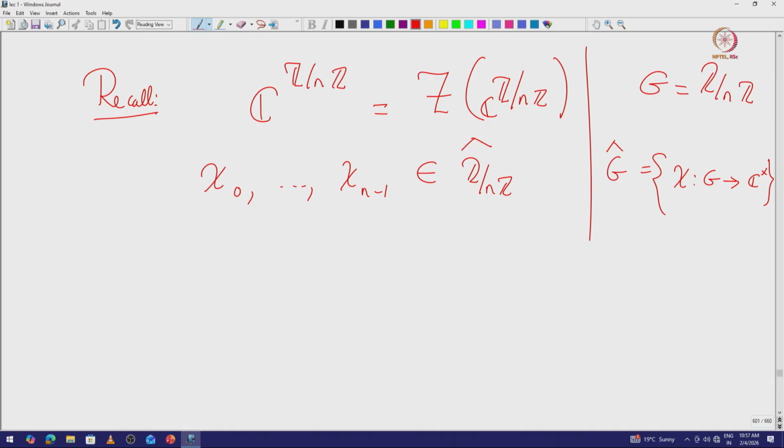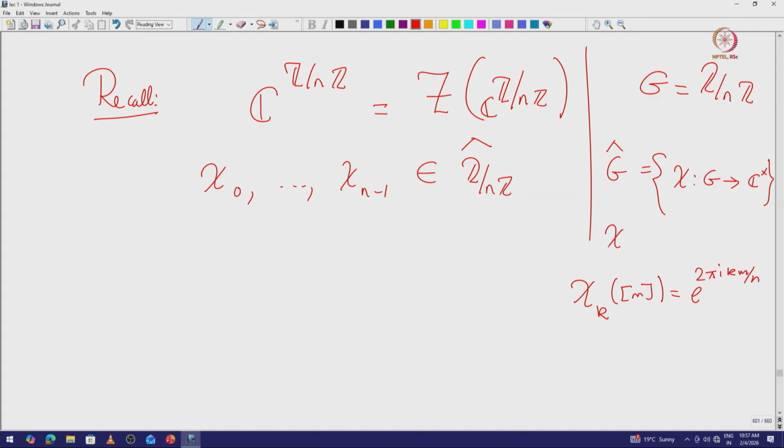So, now if we list chi naught, etcetera, chi n minus 1 to be all irreducible characters of Z modulo nZ, and recall how this chi was defined. So, chi k at the value m is defined to be e power 2 pi i k m divided by n.